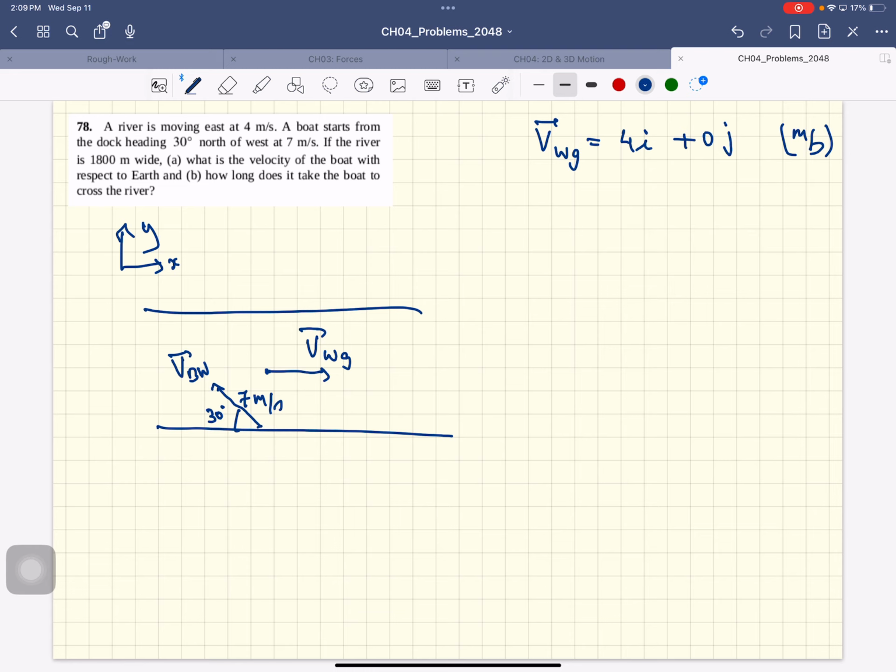So the velocity of the boat with respect to water is negative 7 cosine 30 i plus 7 sine 30 j.